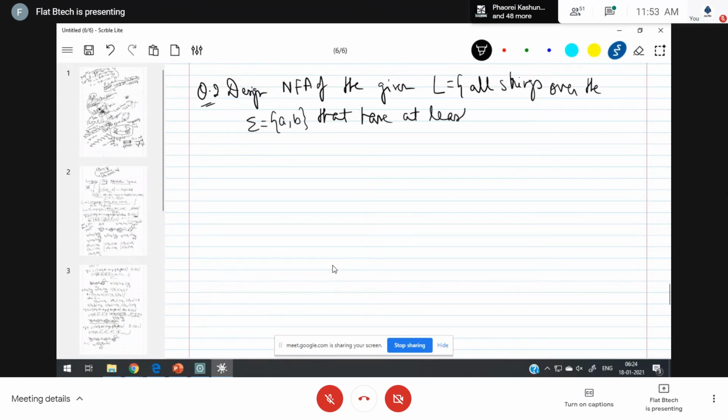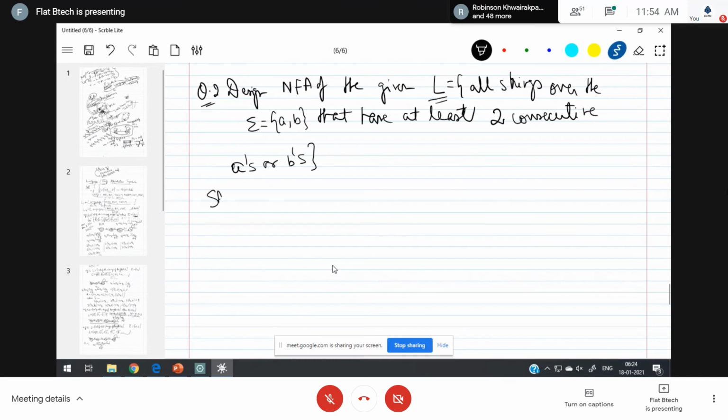My handwriting is the worst you might have seen, so please bear with me. Now I'm going to design an NFA for this language L.